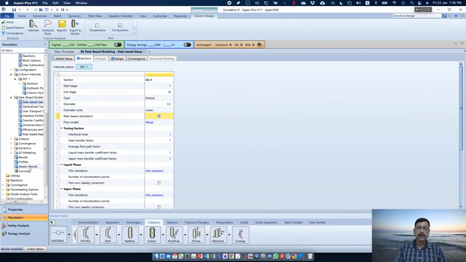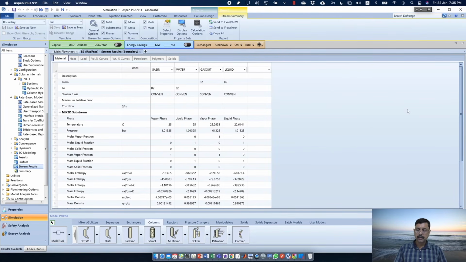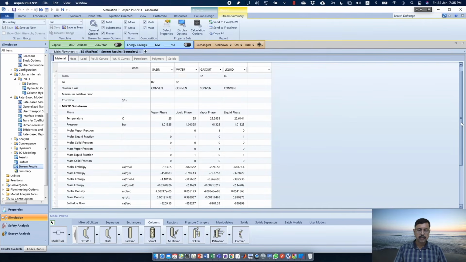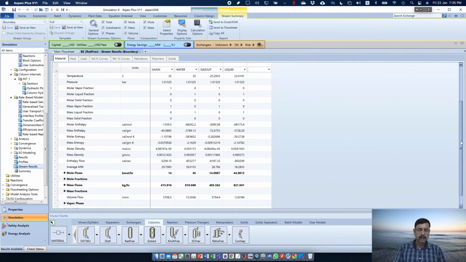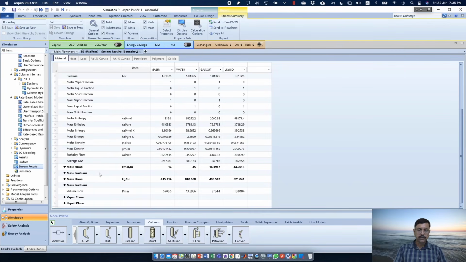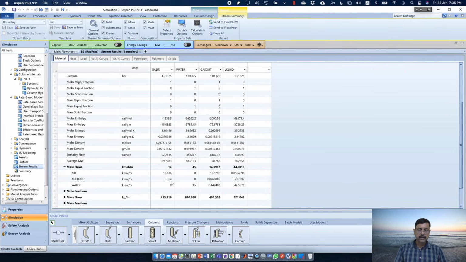So these are the stream results. You can see molar flows. Acetone, out of 0.364 kilomole per hour, 0.287 has gone into the liquid. It has been absorbed in liquid. Only 0.076 kilomole is going in the gas out.